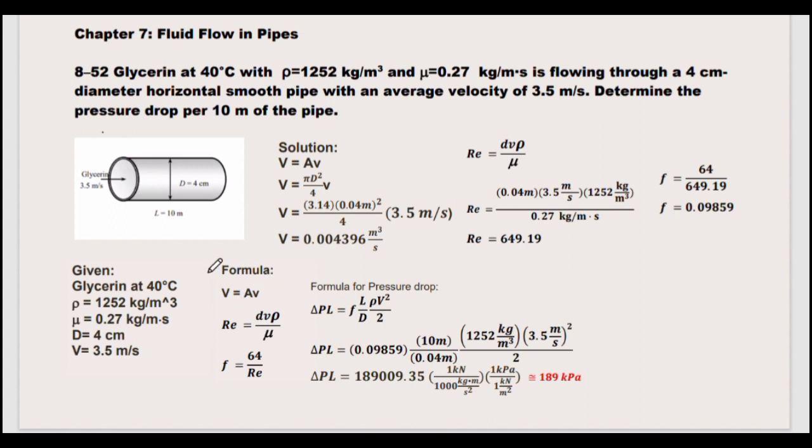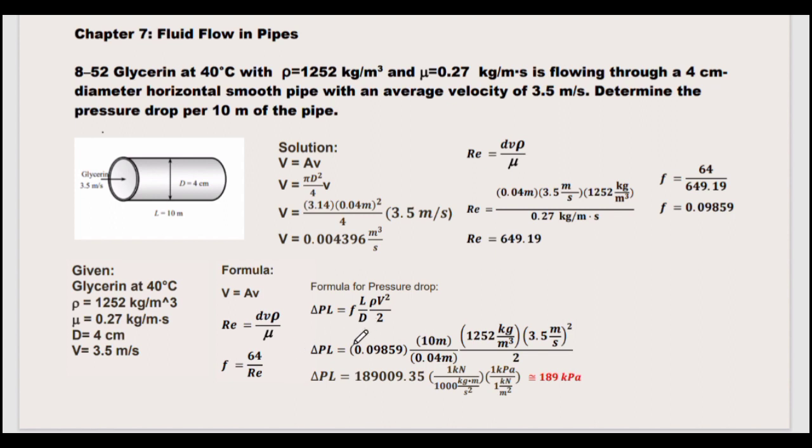So the formulas we're going to use: the discharge flow rate equals area times the velocity, the Reynolds number equals diameter times the velocity times the density over mu, and the friction factor f equals 64 over the Reynolds number.